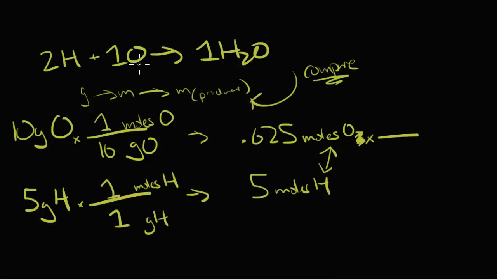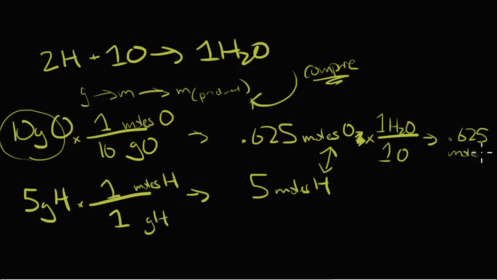I know it's a 1-to-1 ratio, so I'm going to put 1 O equals 1 H2O, right? So the 10 grams of oxygen can allow me to make 0.625 moles of water.